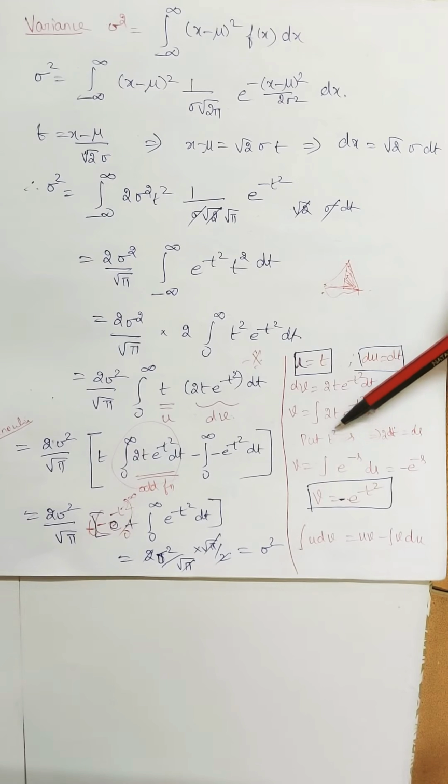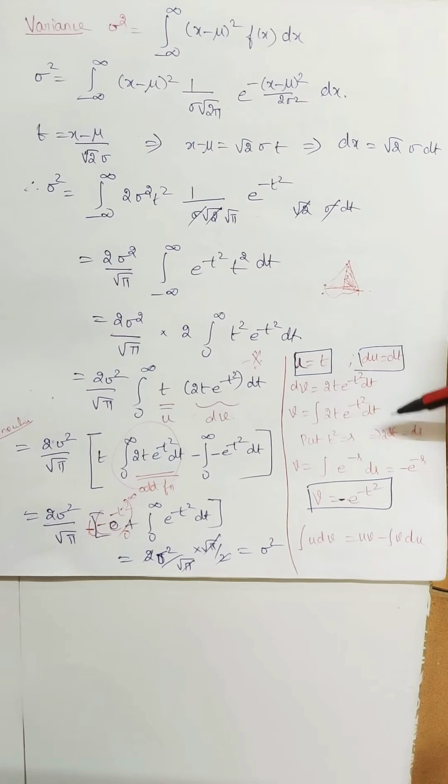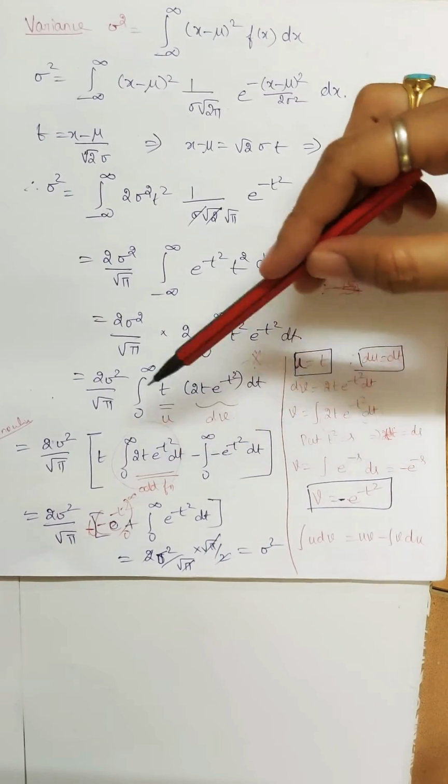So 2t dt as ds, so 2t dt, everything I'll write as ds, e power minus s. E power minus s integration is minus e power minus s. So this is easy for integration. That is why we are splitting.